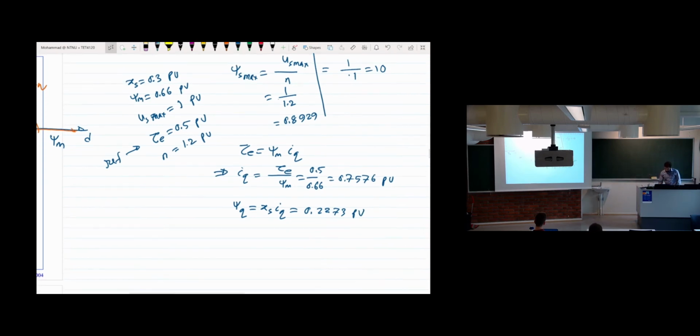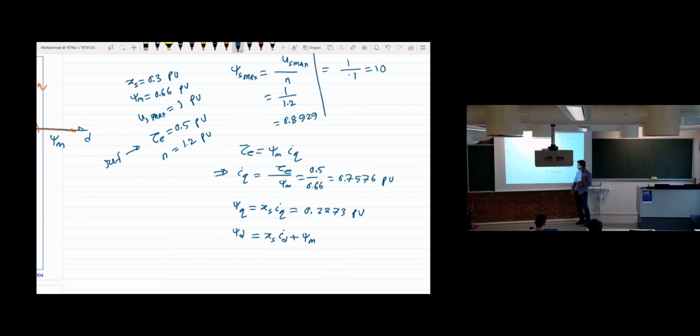And what would be the d-axis flux? Psi d, and we know that psi d is Xs id plus psi m. And one thing from the equation, we know that only the q-axis component gives the torque, not the d-axis. So we try to put the d-axis current to 0.